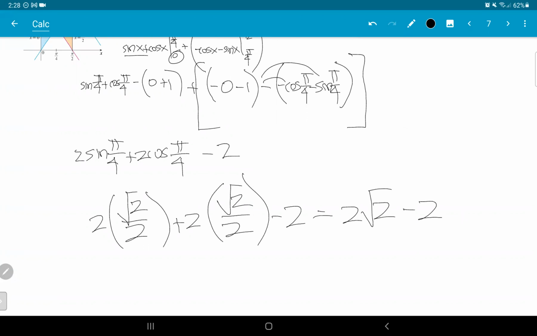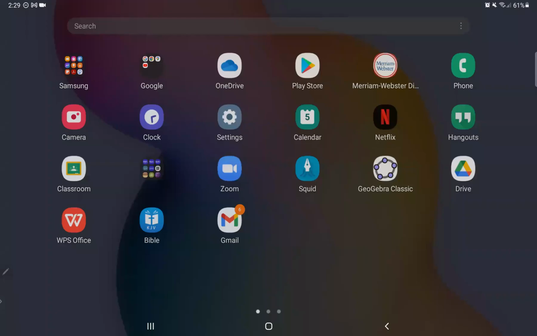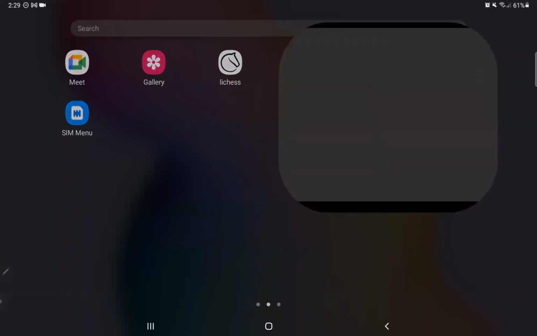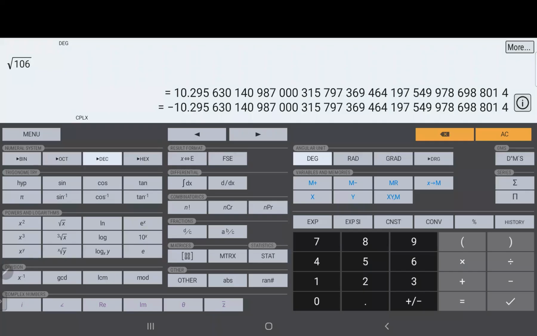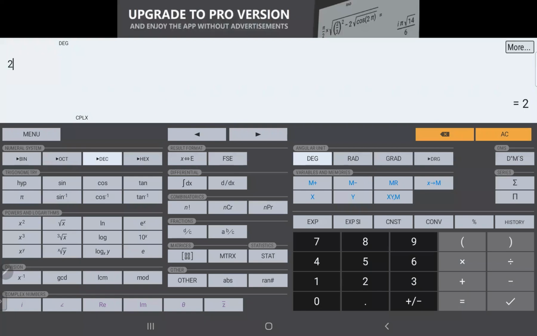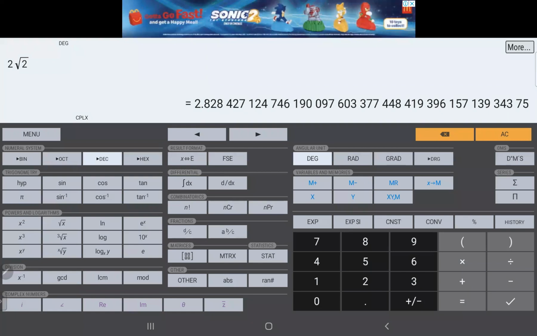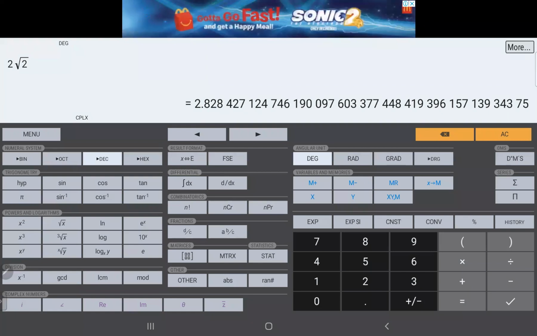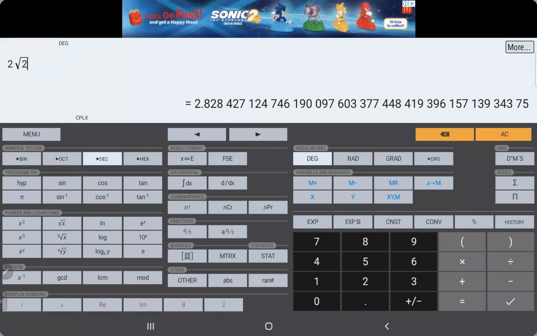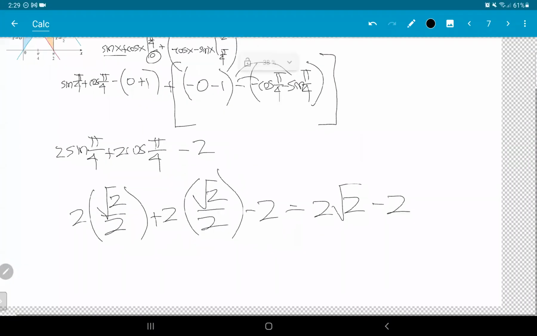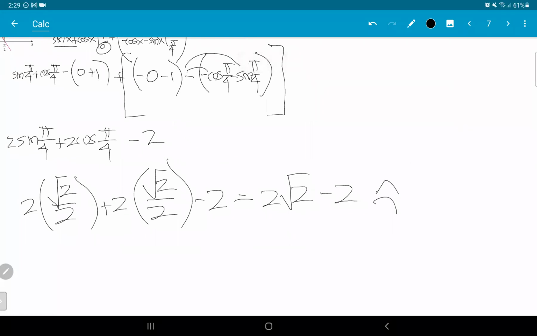And if you wish, you can give the approximate value of that, which is 0.83 correct to 2 decimal places. Square units.